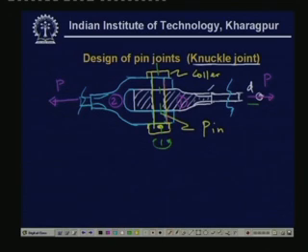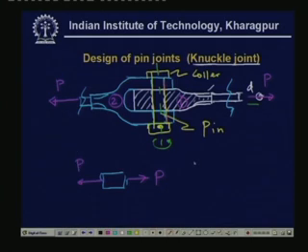Now if you want to apply the theory of failure, you will have to take a cut across these sections. If you take a cut there, then a force P is acting, so definitely normal force P is there.